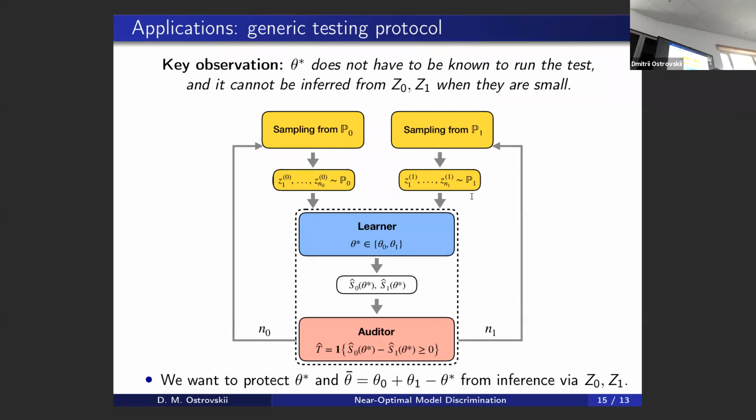They generate me two IID samples of these sizes, and then I ask the learner to evaluate its model, well, to compute the Newton decrements, basically, corresponding to its model theta star on the two samples. Then, as the auditor, I either just compare the two numbers, essentially the fluctuations of the two Newton decrements, or I can even have the two samples and compute everything myself.